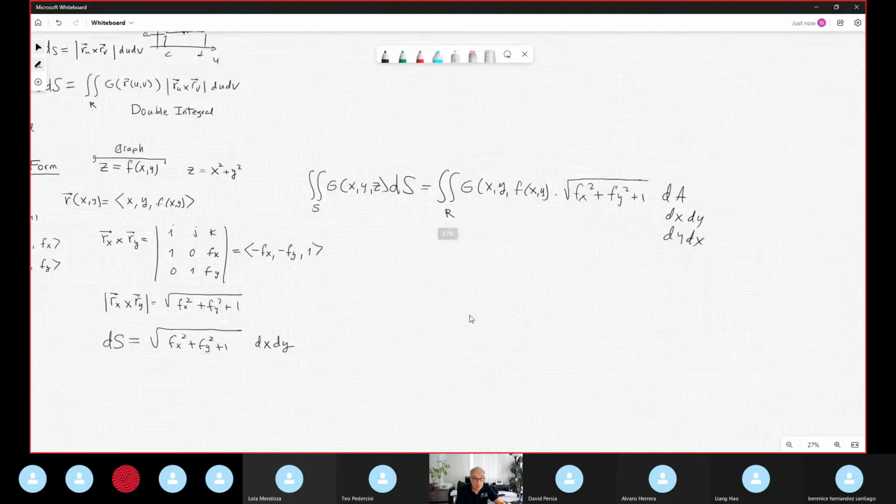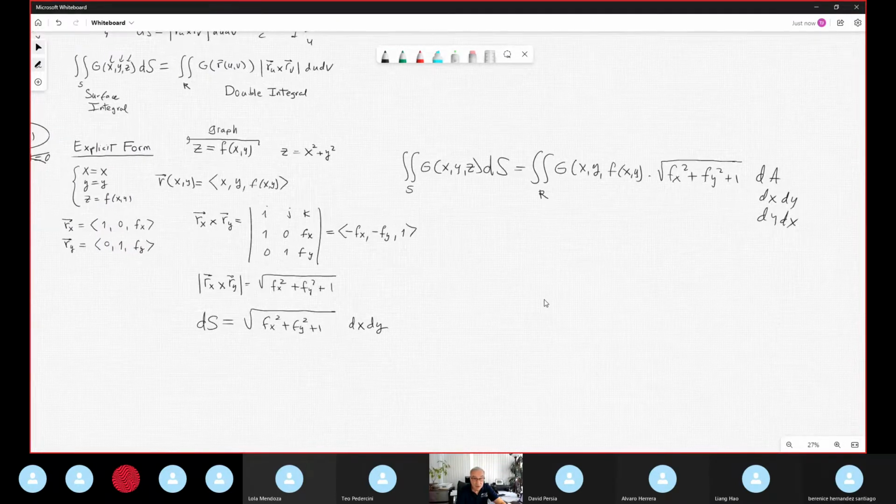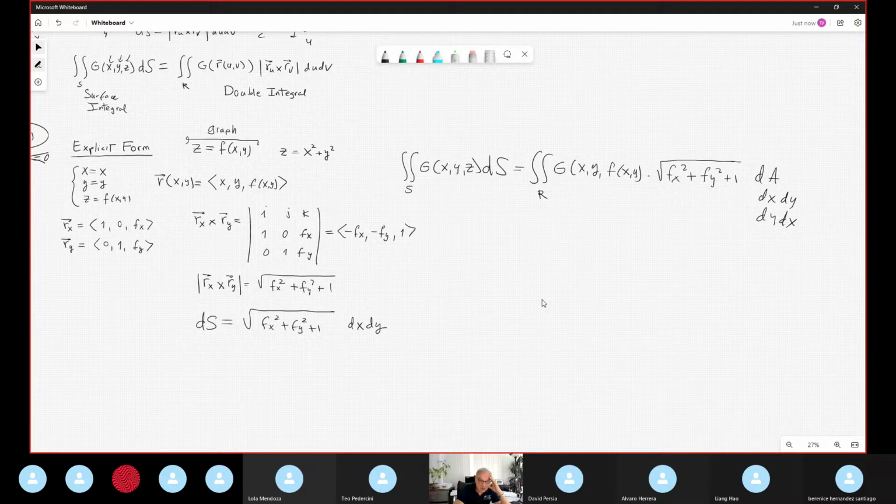So the idea that I did in this example is valid if the function or equation given is this one.